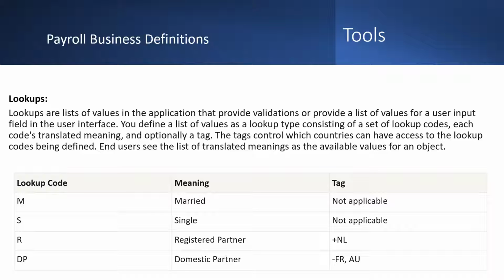Say M represents married. Tag means it is not applicable. If married and single are not tagged, it means they are applicable across the globe. If I put a tag, for example NL, it is applicable only in New Zealand, for this particular country, because the registered partner is not.